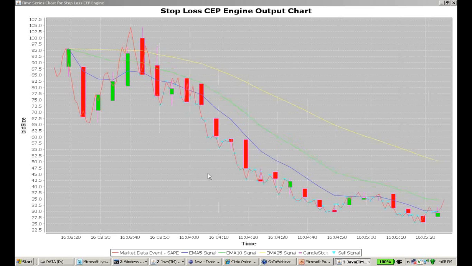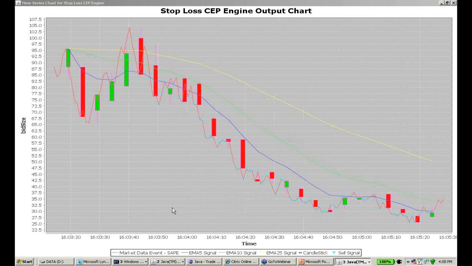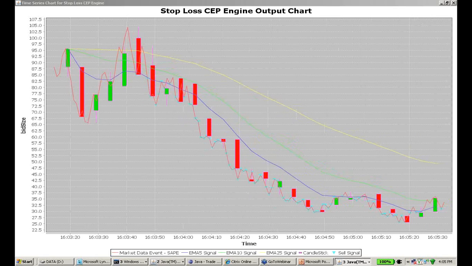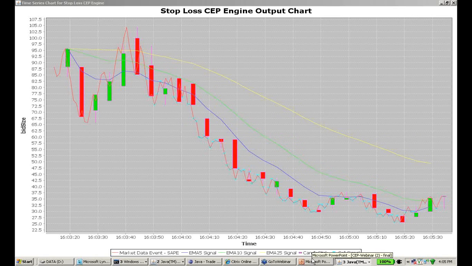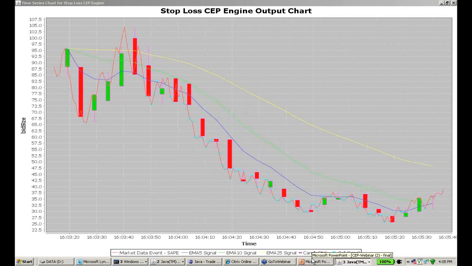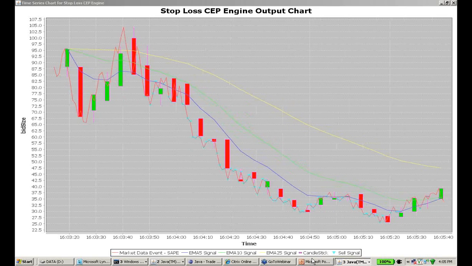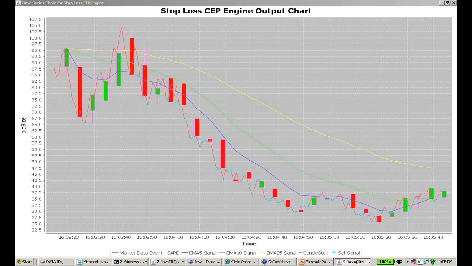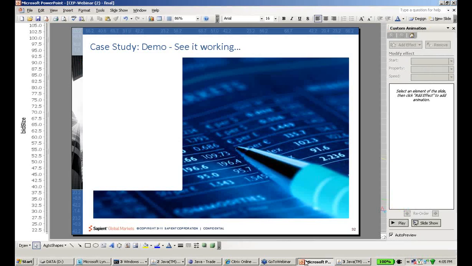And it is still plotting the signals. And yeah, here the market data goes up and we don't have any more sell signals. The stop loss is over. Okay, with that, let's switch back.